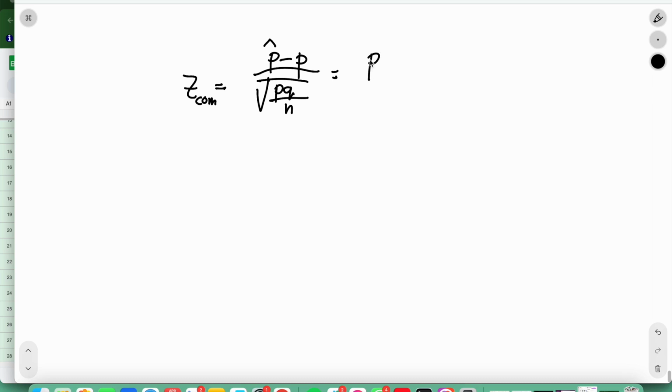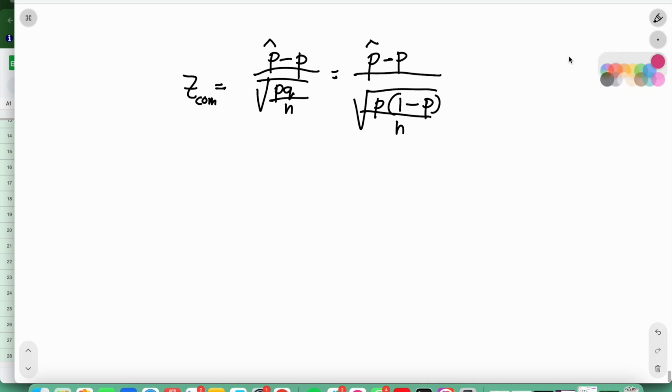To expand, p times 1 minus p, since q is equal to 1 minus p, over n. Here, this is the sample proportion. The p here is the population proportion.